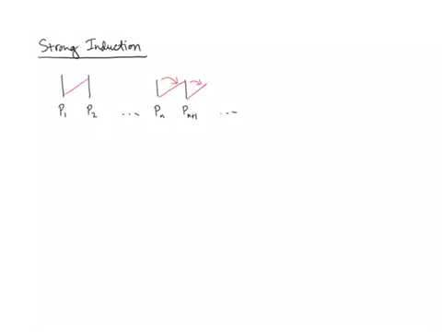So we just had to prove that P1 is true, and that Pn implies Pn plus 1. This one shows that a chain reaction is possible, and this one gets your chain reaction started.